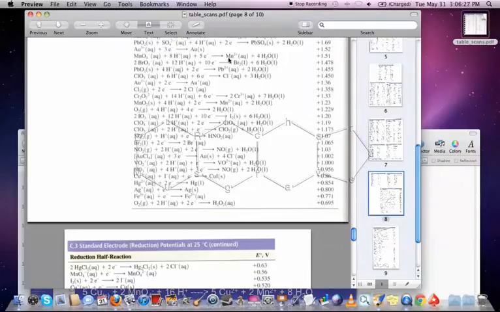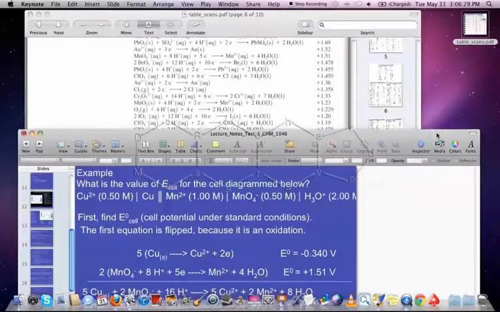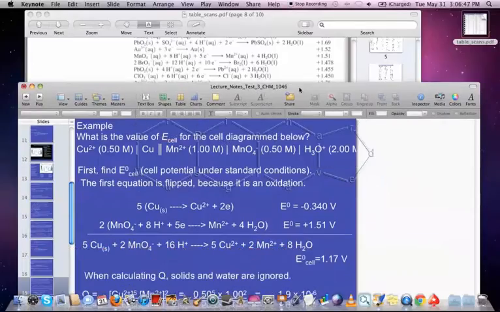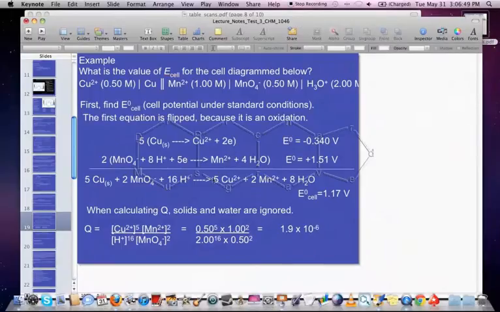And again, we have to make sure that we've got exactly the same species. See, we've got our Mn2+, we've got our MnO4-, we've got our H3O+, so everything matches. Because there are some similar ones in there, like this MnO2 and Mn2+. Just got to make sure you don't grab the wrong one. Alright, so that's 1.51 volts, and we don't change that reaction because it's supposed to be a reduction anyway.